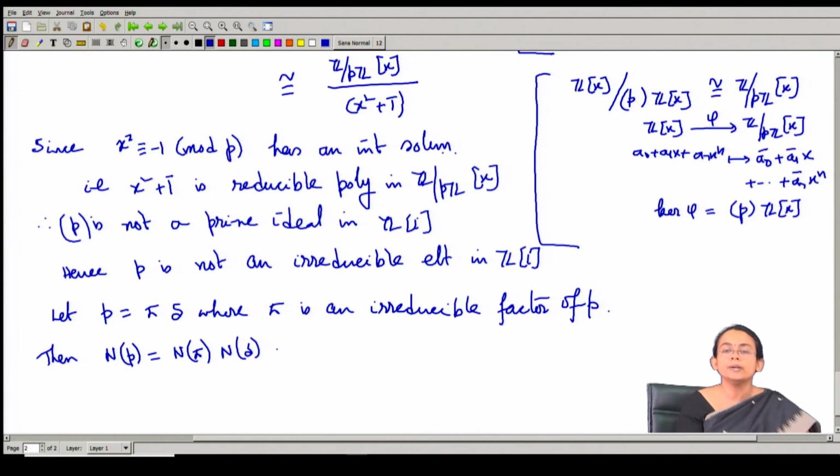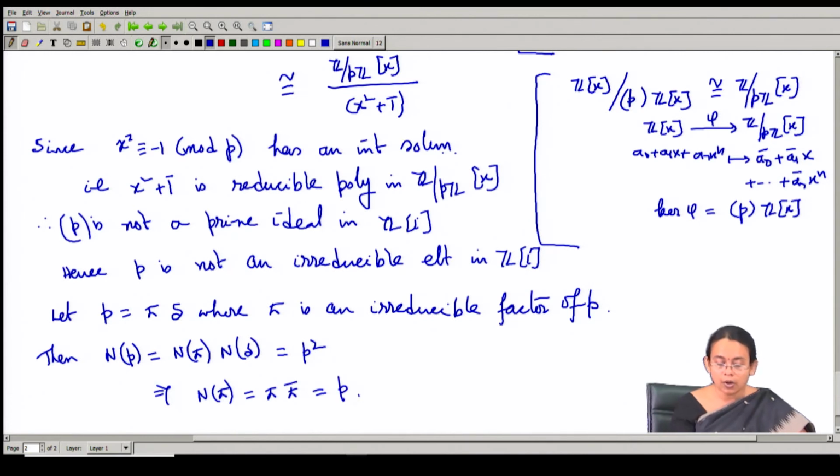But what is norm of p? Norm of p is nothing but p square. So, from here what can I say? Pi is an irreducible element, therefore norm of pi will be equal to pi into pi bar, which will be equal to p only, because here p is not irreducible and pi is an irreducible factor. That means delta is not a unit.